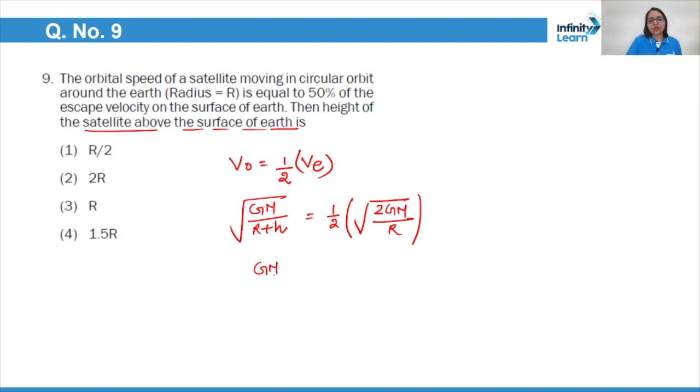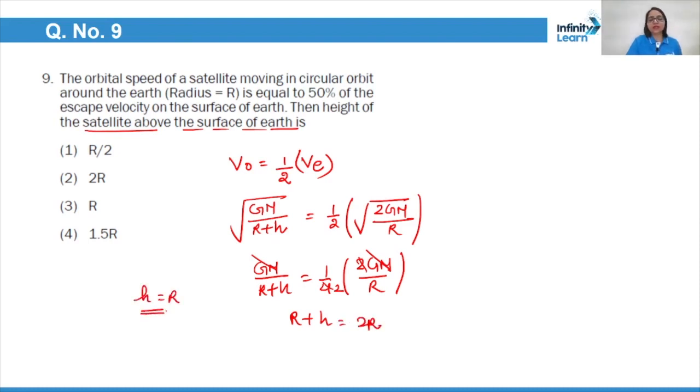So it will be GM upon (R plus h) is equal to 1 by 4 times 2GM upon R. You can cancel GM, this will be 2. So you can see that 1 upon (R plus h) is equal to 1 upon 2R. That means R plus h is equal to 2R and h will be R. So the height of the satellite from the surface of the earth is equal to R, which is option 3.